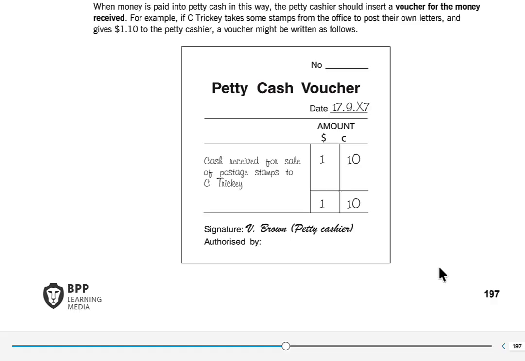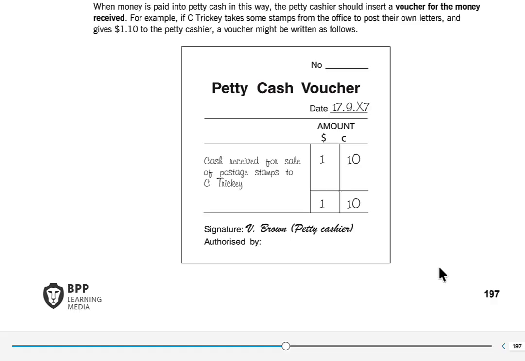The record must show the date, the amount received, the reason for receiving the money, the name of the person who gave the cash, and a signature if needed. This is very similar to the idea of a voucher for payments, but here it is the opposite direction. Instead of cash going out, cash is coming in.